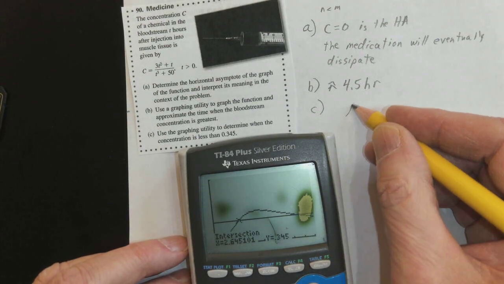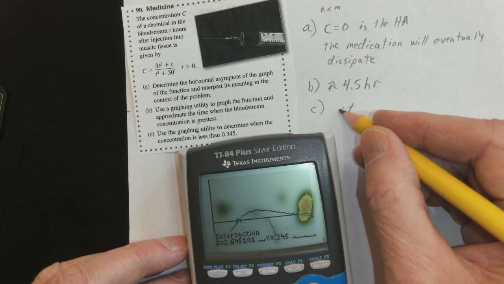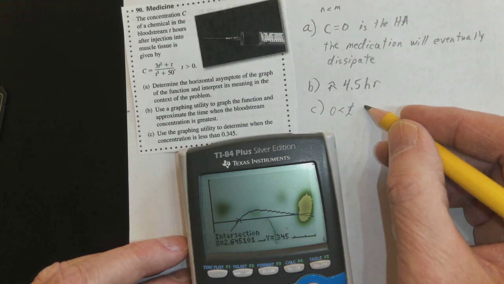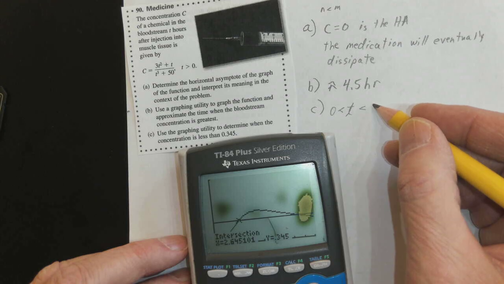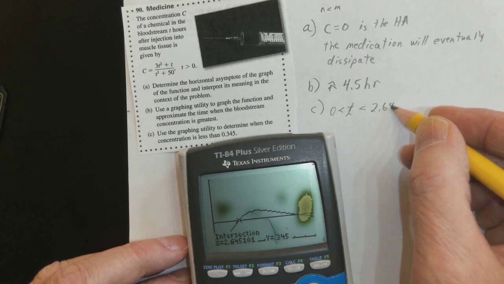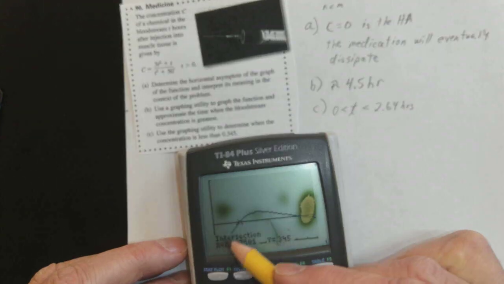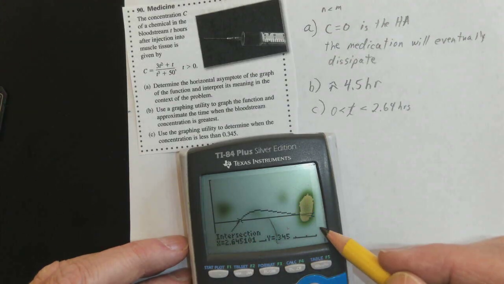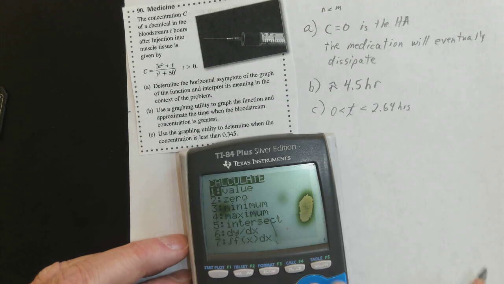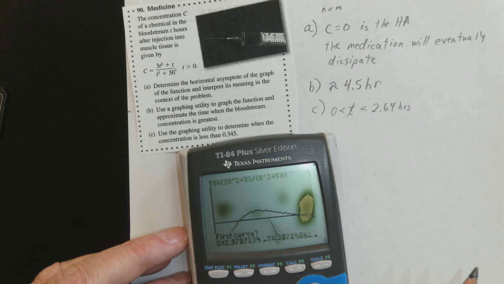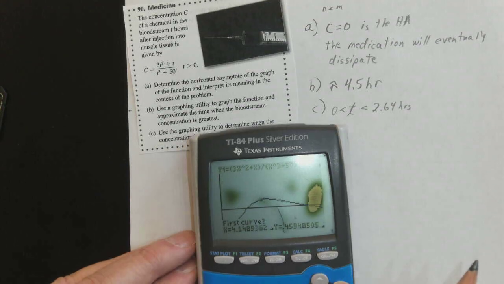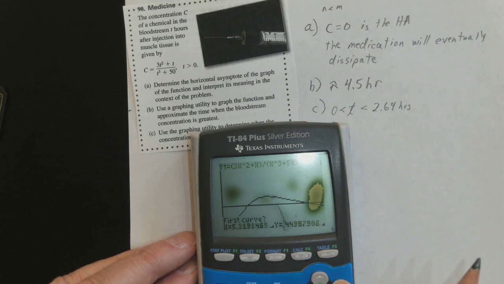So when t is greater than 0 and less than 2.64 hours, it is less, and from here to here it's also less. So let me do intersect again. I'm coming over to this side, closer to this point, because there are two places where it intersects.